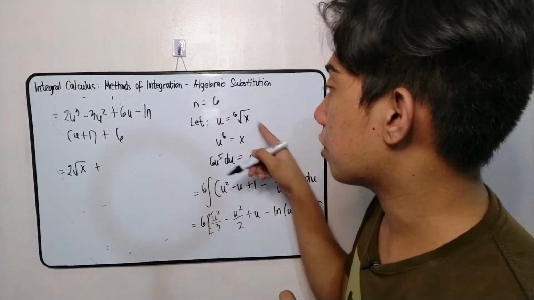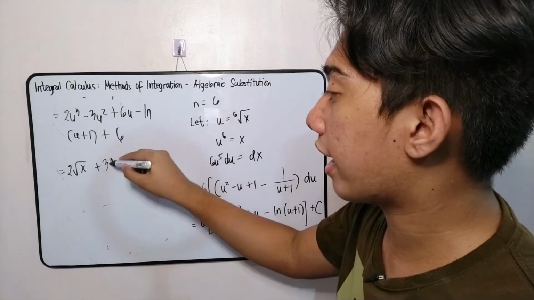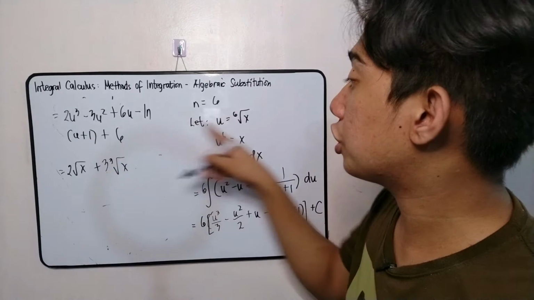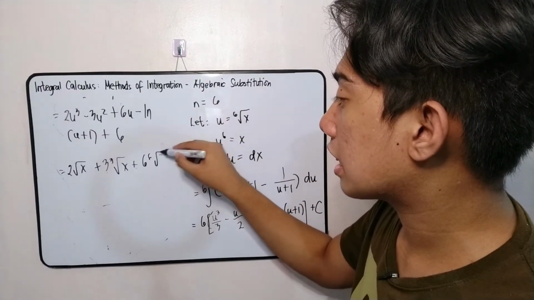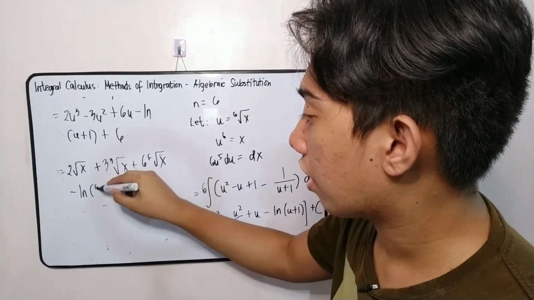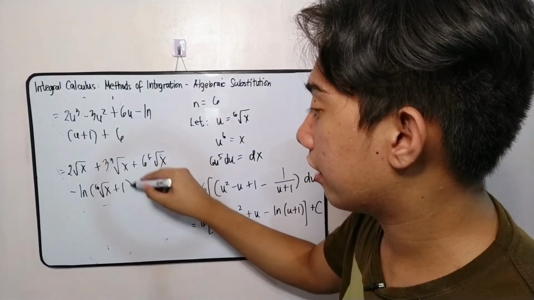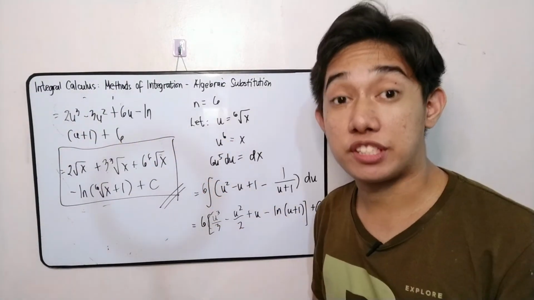For this case, if we substitute our 6th root of x here, then we will get 3 the cube root of x. For this one, the value of u here is the 6th root of x, and another one for the 6th root of x. Okay, so plus 1, then plus c. So therefore, this is our final answer for the first example.